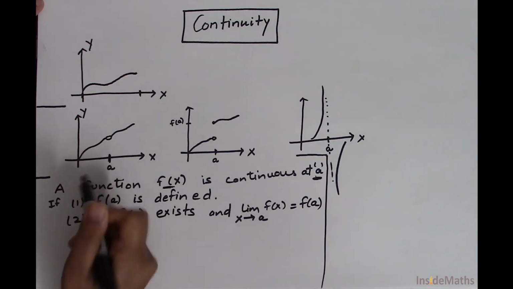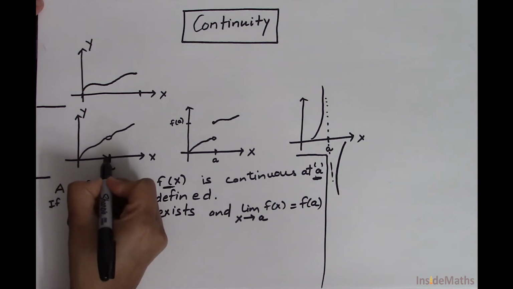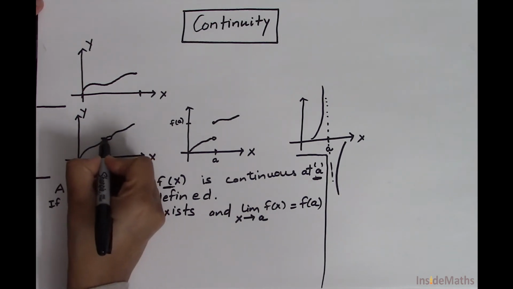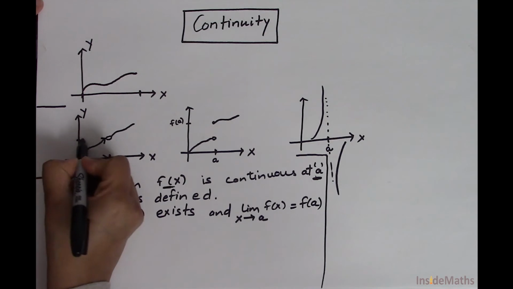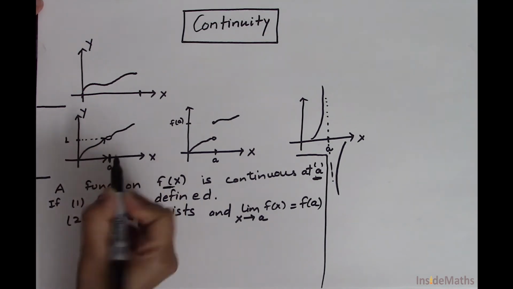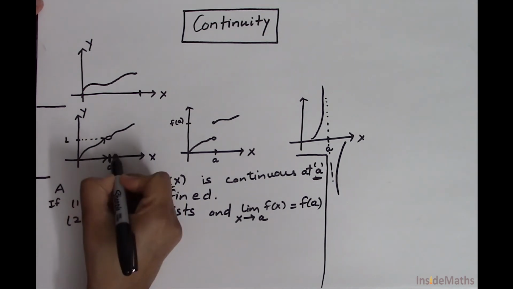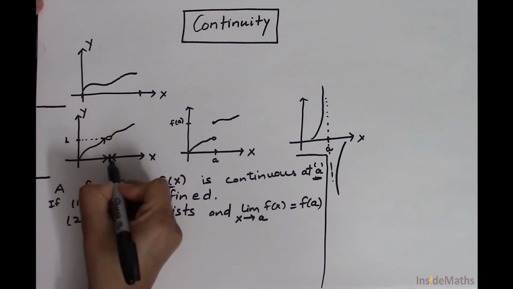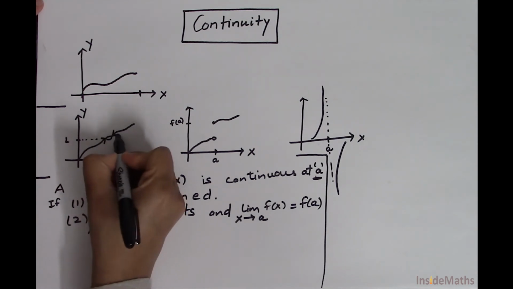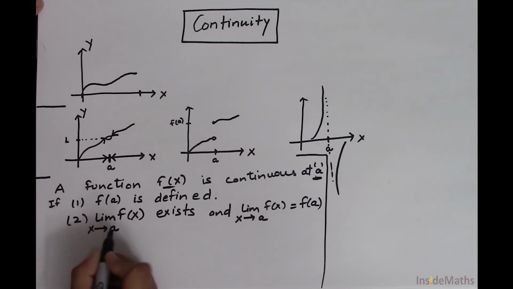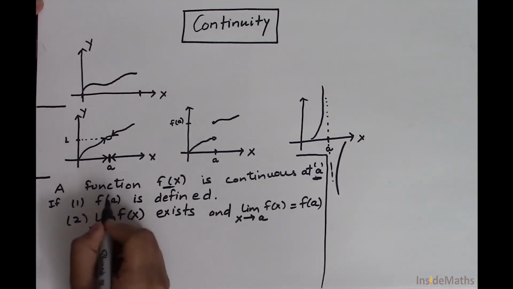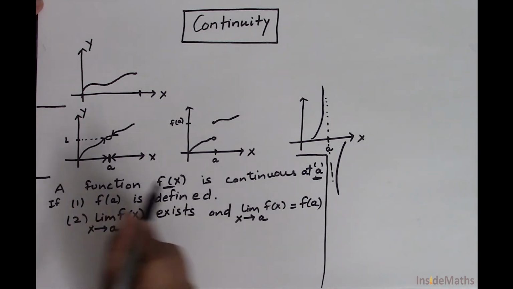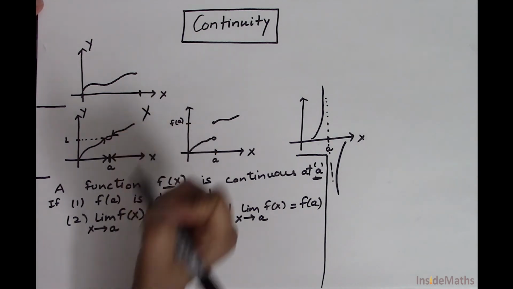That is, when x is approaching A from the left side, the function is approaching this value, let's say this value is L. And when x is approaching A from the right side, the function is approaching the value L. That means the limit exists, but because f of A is not defined, this function is not continuous.